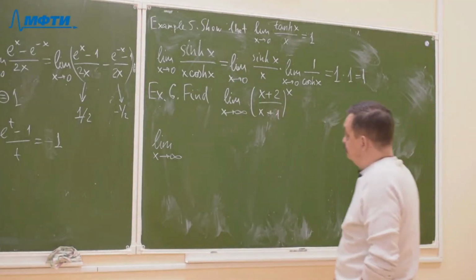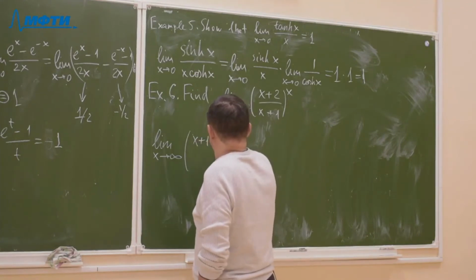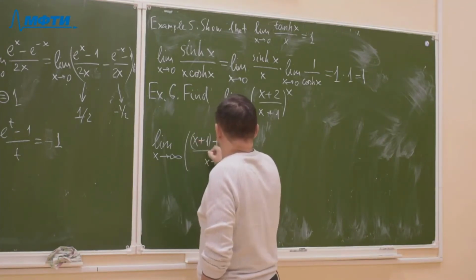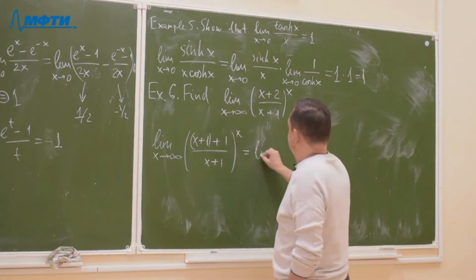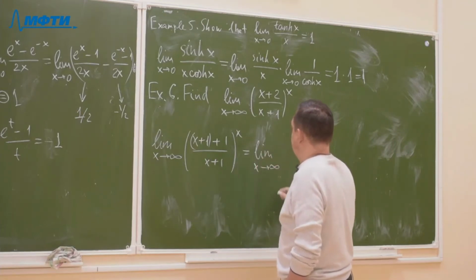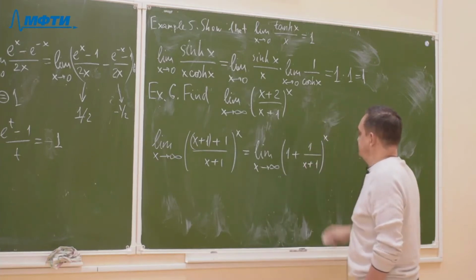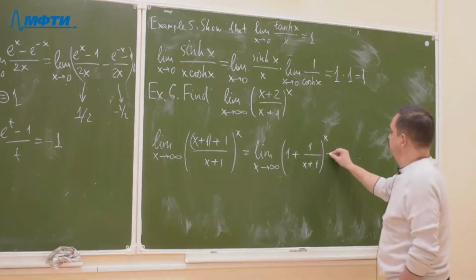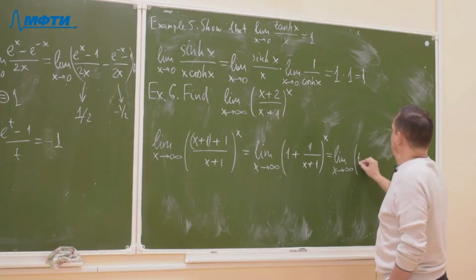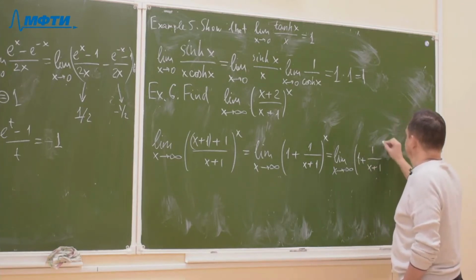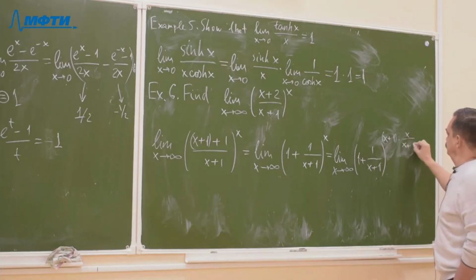So, what is written in your lecture notes? (x plus 2) over (x plus 1), and then it is written like the limit as x tends to infinity of (1 plus 1 over (x plus 1)) to the power x. Then the limit of (1 plus 1 over (x plus 1)) to the power (x plus 1) times x over (x plus 1).